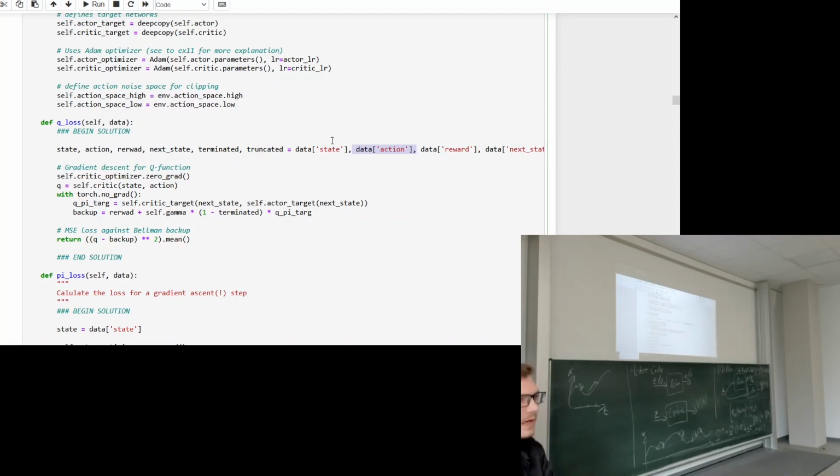Yeah, this is an action that has been performed by the actor. Although it doesn't really matter whether it is from the actor or from another source, right? You could take a sample that was taken in a different experiment and still try to take information from that. You have no guarantee that this information will be informative for what your actor would be doing now, but you could still try doing that.